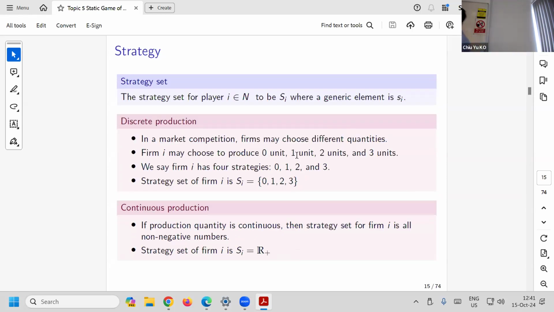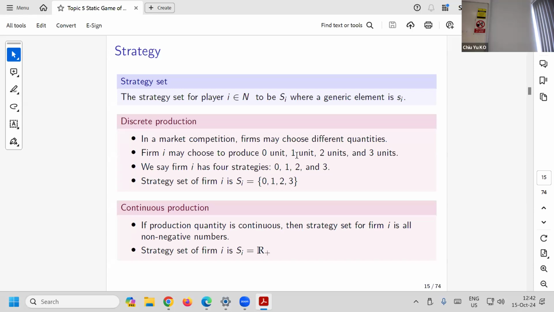And for the strategy set, we use the capital S_i to denote player i's strategy set, and the generic element is s_i. In the discrete case, say you can produce 0, 1, or 3 units, so it'll be 0, 1 up to 3, or it's continuous.